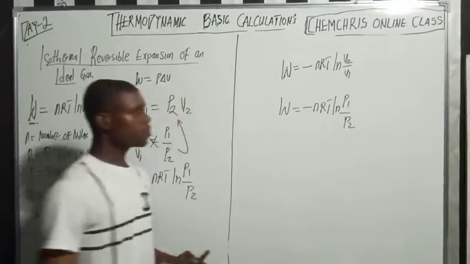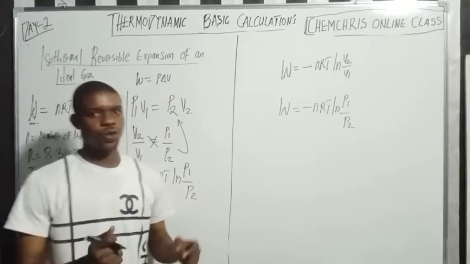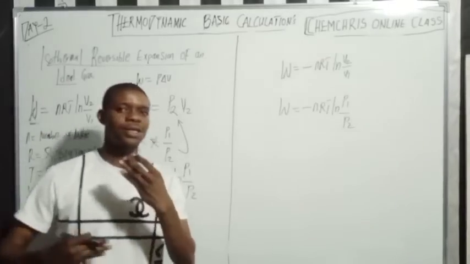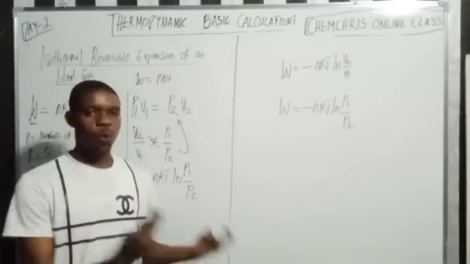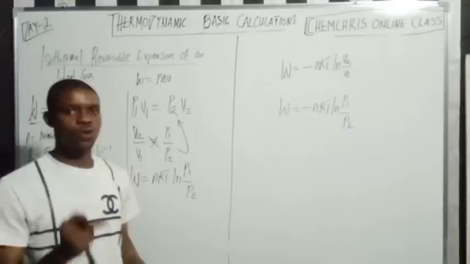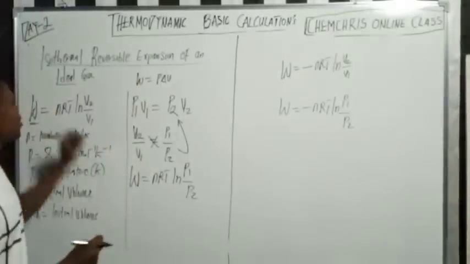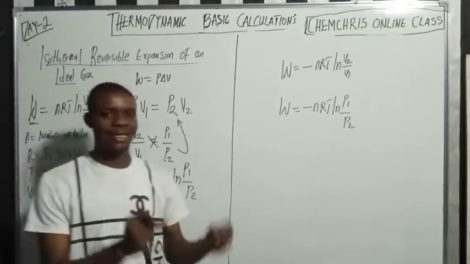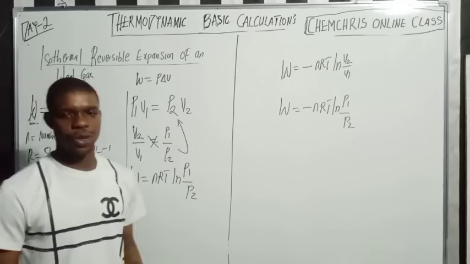It's okay. So these are formulas you are going to make use of. We are going to look at so many examples and questions so that you understand how to use this formula in calculating work done. It tells you the isothermal reversible expansion of an ideal gas. So let's get into those questions.